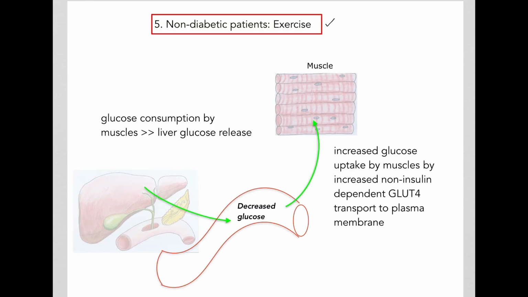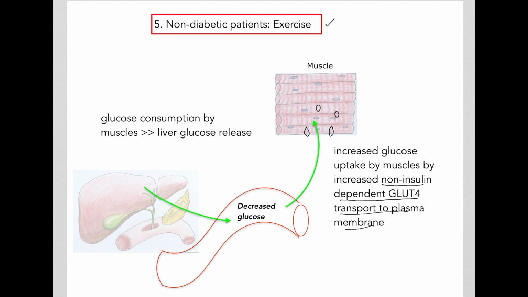Exercise can also lead to hypoglycemia. So during exercise, there is a non-insulin dependent GLUT4 transport to the plasma membrane. So even without much insulin, the GLUT4 proteins appear on the plasma membrane of these muscle cells.